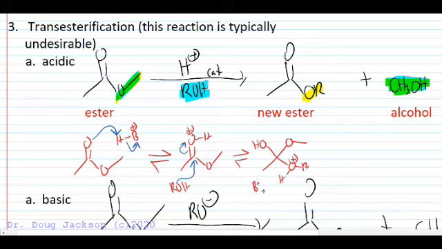So we want to deactivate this leaving group for the forward direction. They're both happening. It's going forward and backward, kicking off, adding back on. But the only way forward is to deactivate that leaving group.